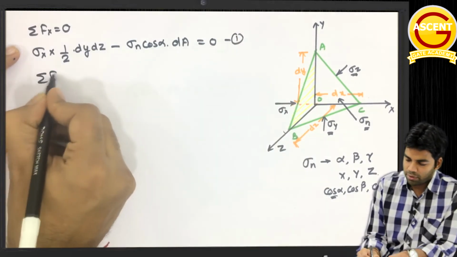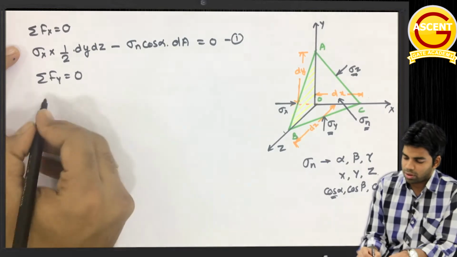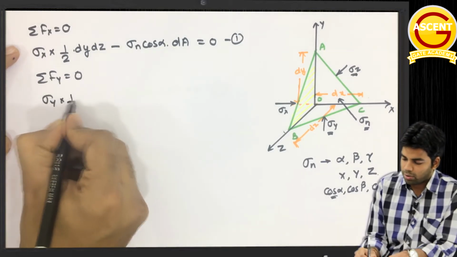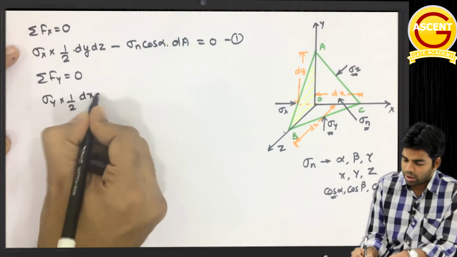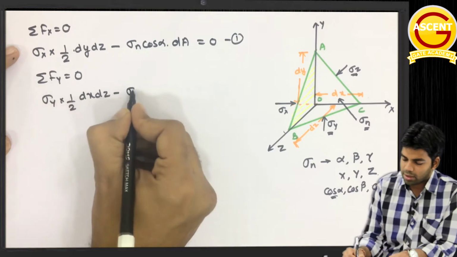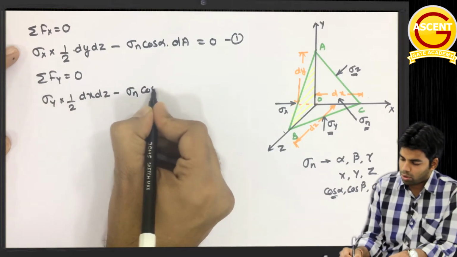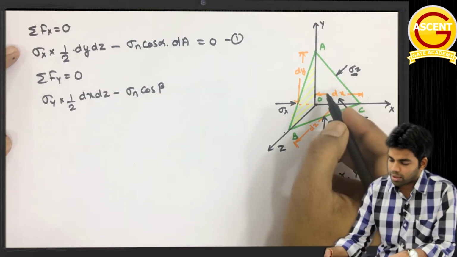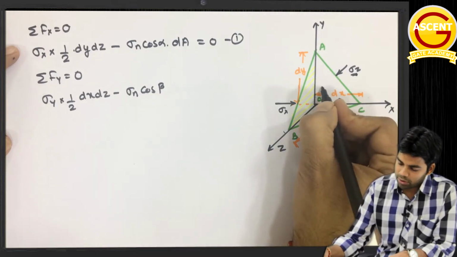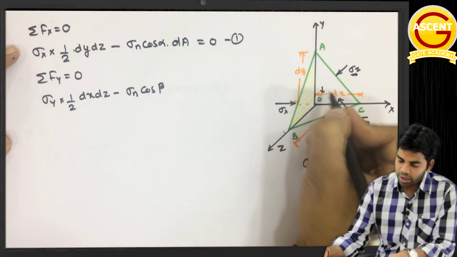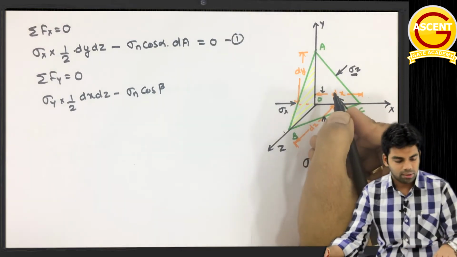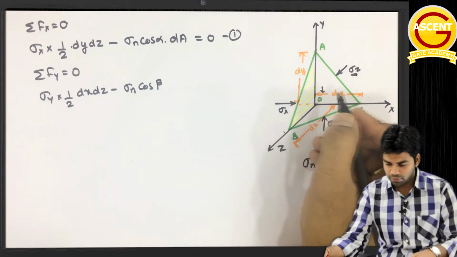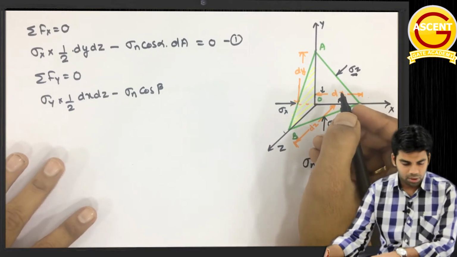Similarly, summation of Fy is equal to 0. So this will be sigma y into half dx dz minus sigma n cos of beta. Now apart from this, a weight is also acting. The weight of this tetrahedron will also act in downward direction. And what will be the force because of that weight?